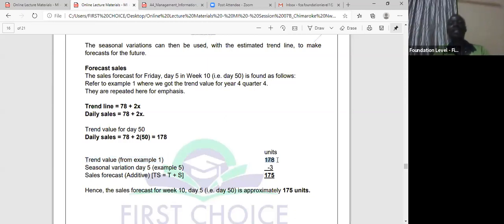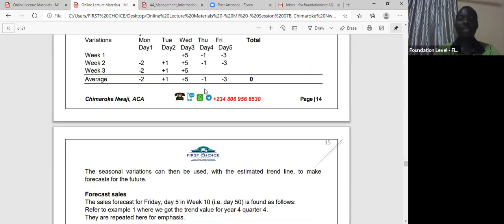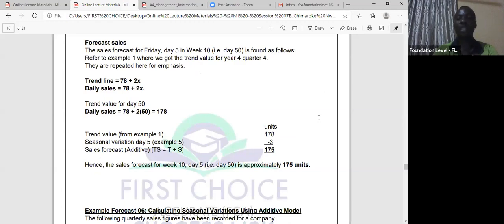Now, additive seasonal variation means it's either you add or you subtract, whichever is the figure. So look at the seasonal variation for day 5. Look at this, our example 5 we are doing now. Seasonal variation for day 5 is -3. So you're going to add -3 to 178. So it gives you 175.